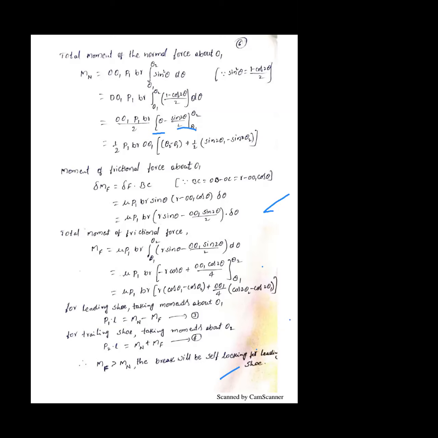Why? Because the outside minus is there. When we take it inside, the limits change. So you may also write minus 1 by 2 into sin 2 theta 2 minus sin 2 theta 1. When we send the negative inside, we may write the positive, and these two are changing.